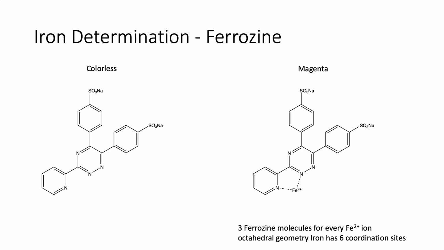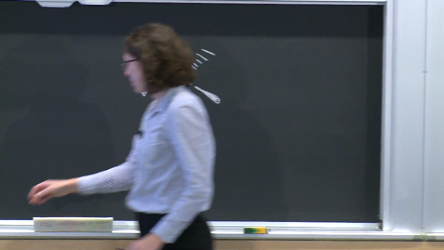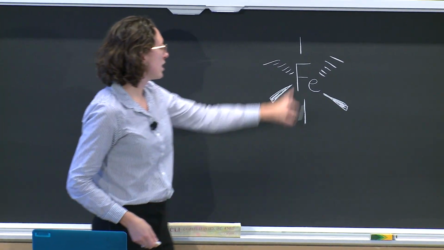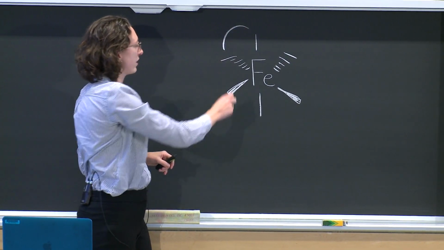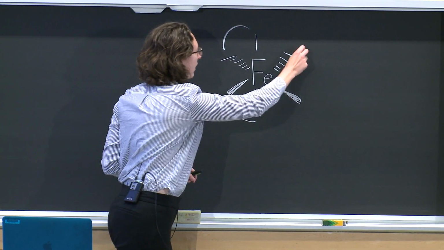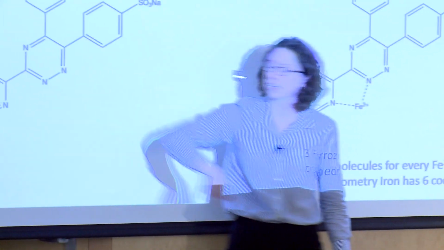There are 3 molecules of Ferrozine for every 1 iron ion, and so it forms an octahedral geometry. If there are 6 binding sites on iron, then you'll have 1 Ferrozine here, 1 there, and 1 there. And it bonds through these 2 nitrogen centers here.